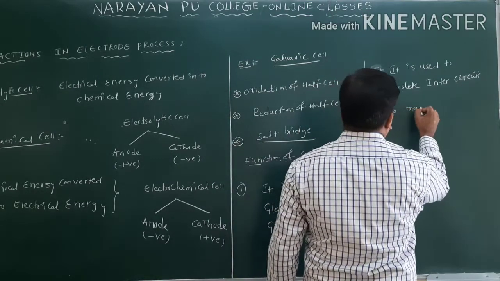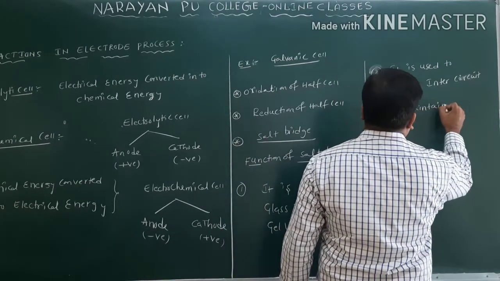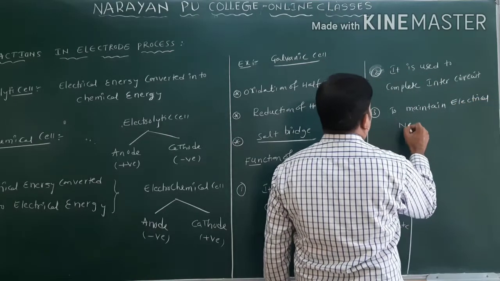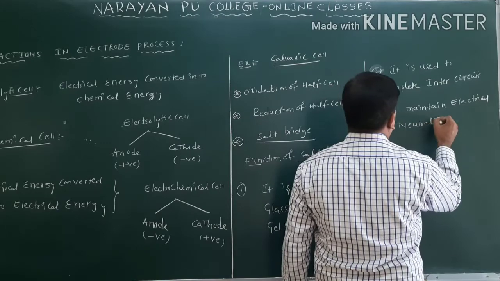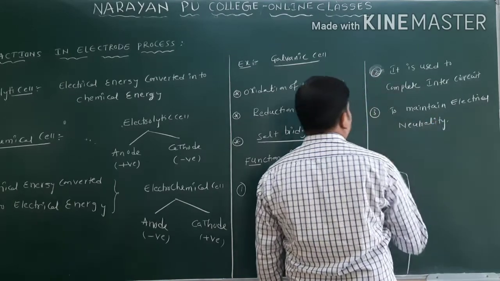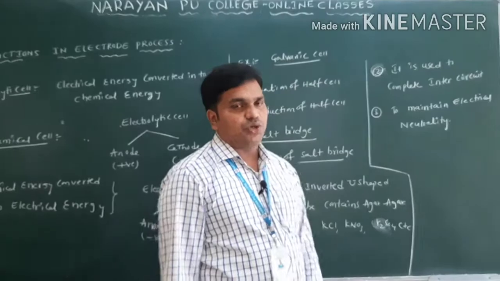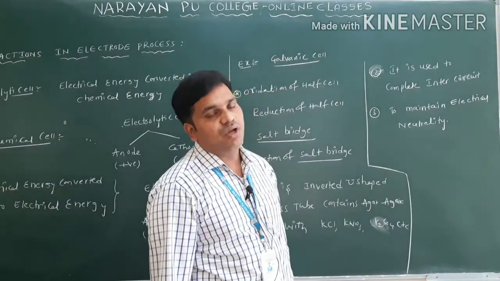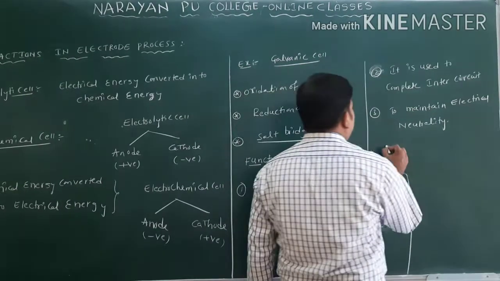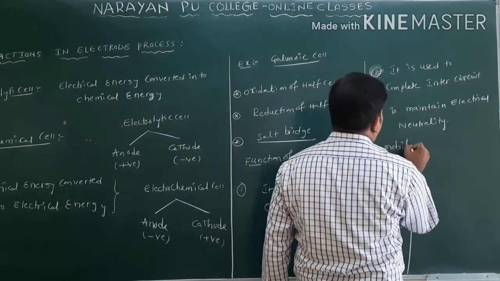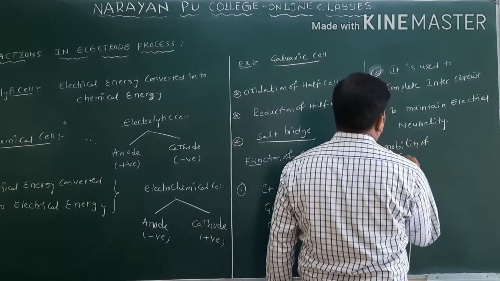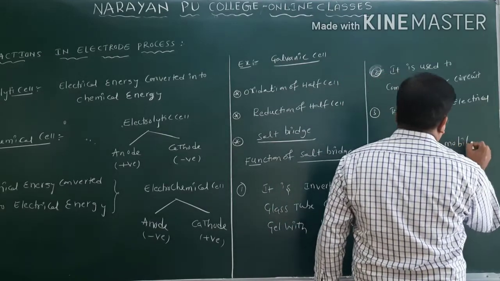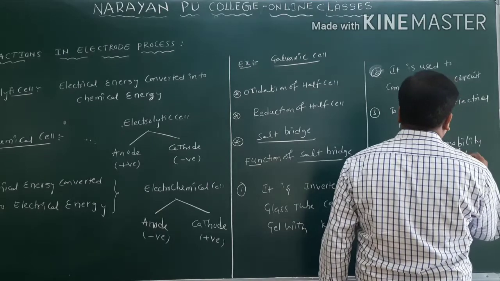Maintaining electrical neutrality means the mobility or velocity of the cation is equal to the velocity of the anion. I will write here: mobility of cation is equal to mobility of anion.